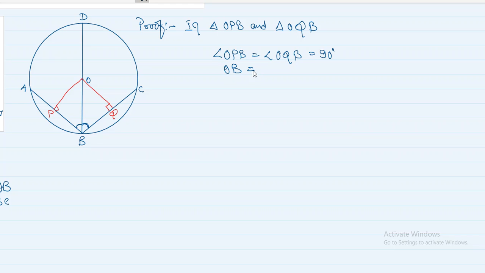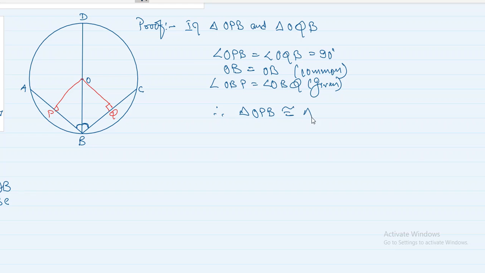OB is equal to OB, which is common, and angle OBP is equal to angle OBQ, given. Therefore, triangle OPB is congruent to triangle OQB by the AAS test.